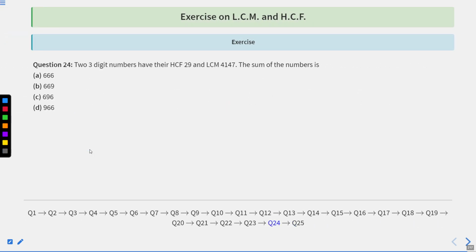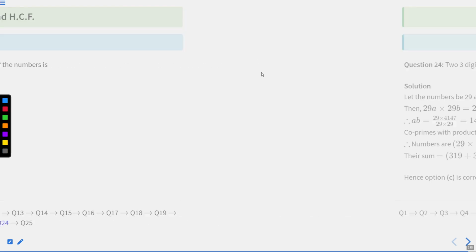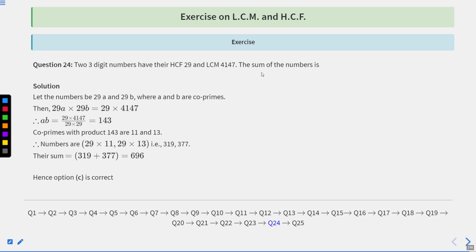Question number 24. Two 3-digit numbers have their HCF 29 and their LCM 4147. So the sum of the numbers is, let the numbers be 29A and 29B, where A and B are co-primes. Then 29A times 29B is equal to 29 into 4147.